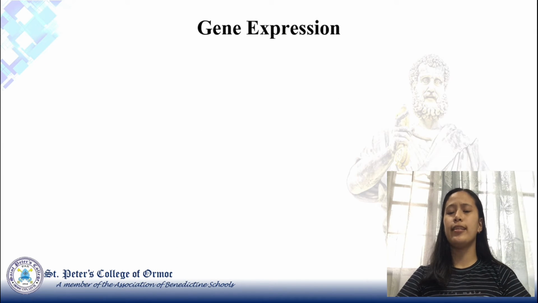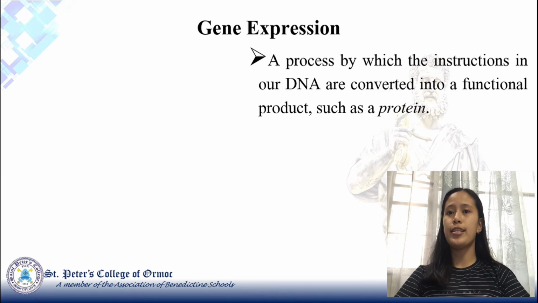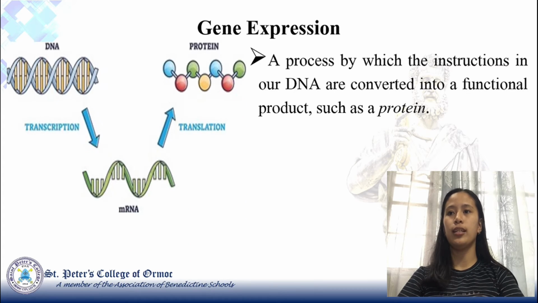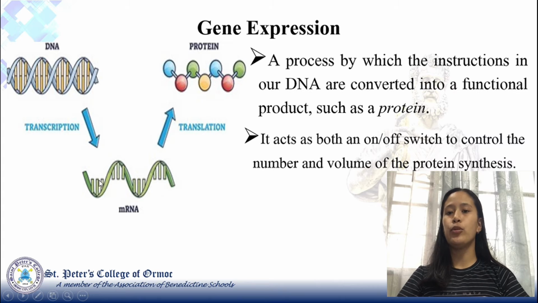Now, what is gene expression? Well, it is a process by which the instructions in our DNA are converted into functional products such as proteins. In general, DNA is transcribed to make mRNA, and this mRNA will be converted into proteins.